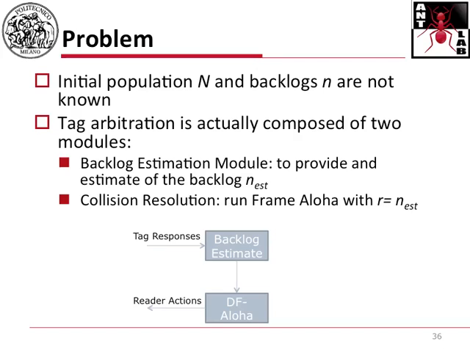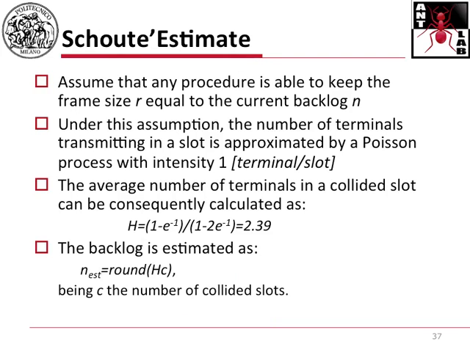What the Schoute estimate tells us is to count the number of slots which were collided in one frame, and multiply the number of collided slots by this magic number, which is 2.39. Round it up, and that is my estimate for the current backlog, the remaining number of tags which still need to be resolved.